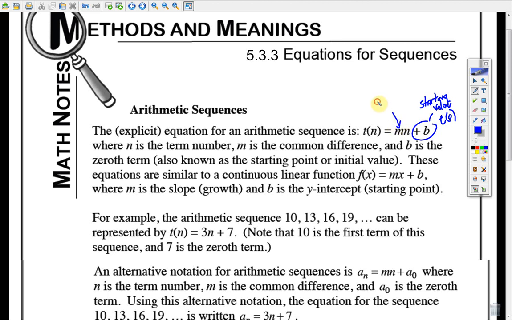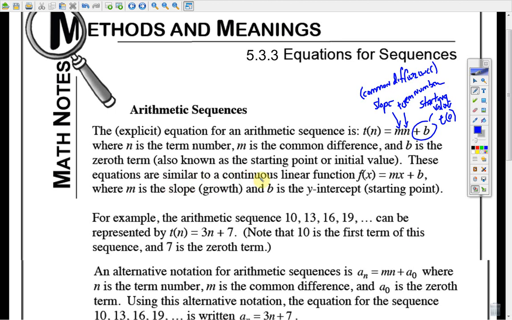M is still your slope, which is the same thing as the common difference in a sequence. And n is your term number. Oh, they've defined all these right here for us too. So n is the term number, m is the common difference, and b is the 0th term, also known as the starting point or initial value.